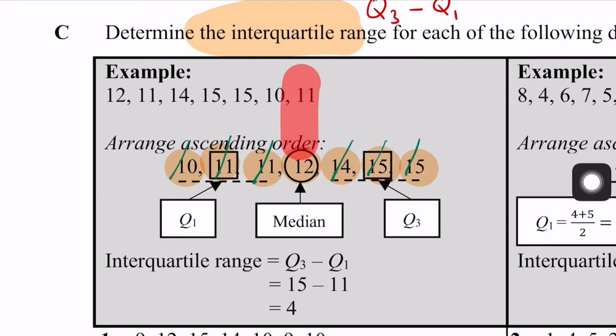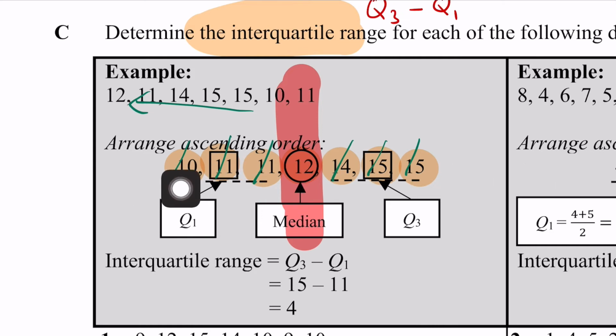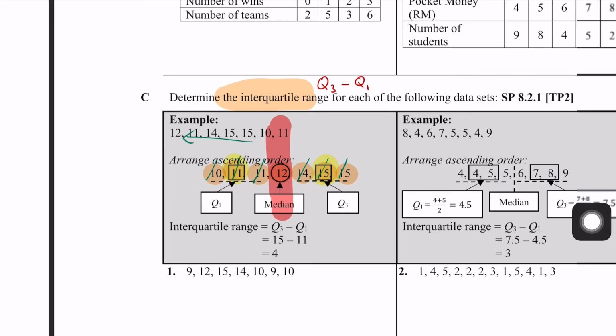Okay, sekarang tengok belah kiri pula. Cari tengah-tengah dia. Belah kiri ni cari median dia pula. So kita tahu 11 ni adalah tengah-tengah dia. So sini pun sampai ini tengah-tengah. Tengah-tengah itu adalah Q1 dan Q3. So, interquartile range. So, 15 minus 11. Macam tu saja. Boleh?